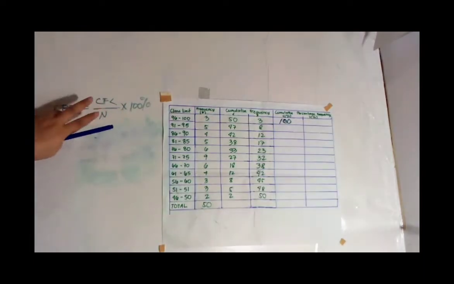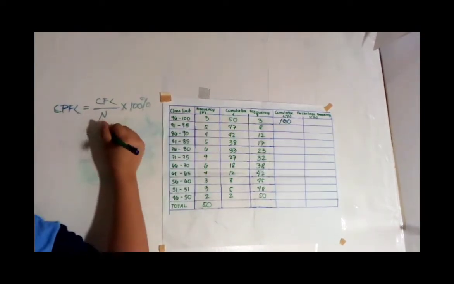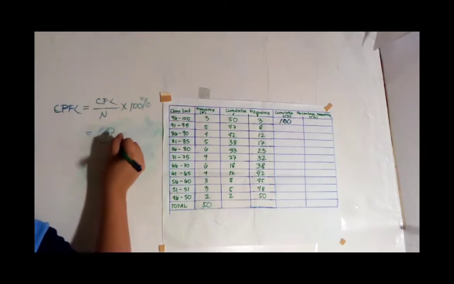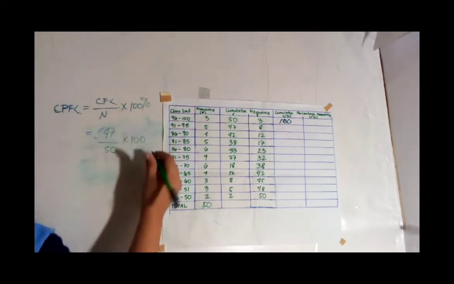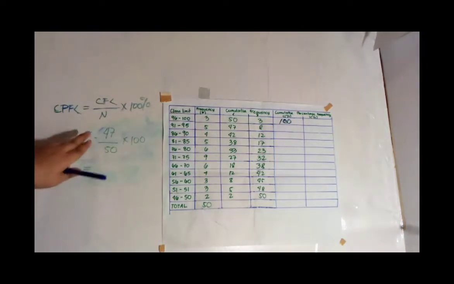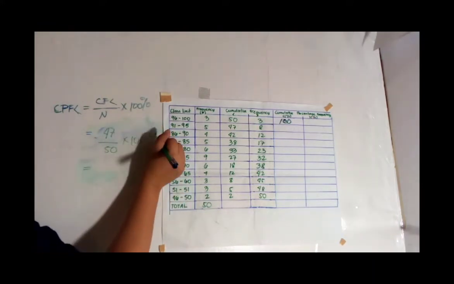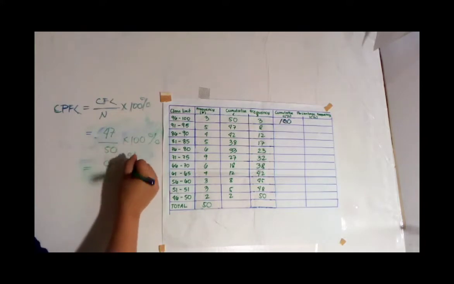So the next row. So another example. We have a cumulative frequency lesser than 47. So we will write 47 divided by 50 times 100. 47 divided by 50 times 100% is equal to 94%.